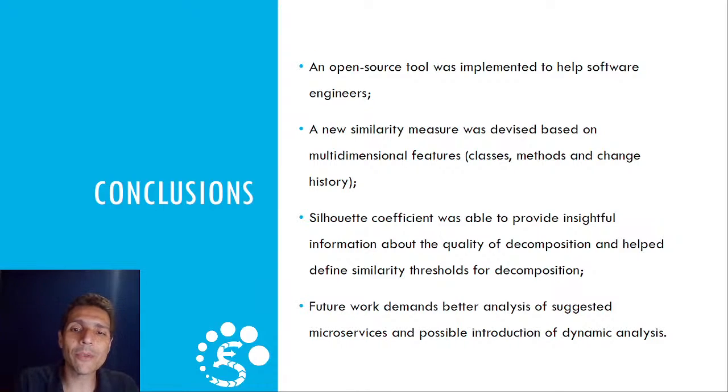We used the silhouette coefficient, and it was able to provide insightful information about the quality of the decomposition, because we could analyze coupling indirectly, of course, but we could analyze the coupling between microservices and the similarity thresholds, and help to define the similarity thresholds for a good decomposition.